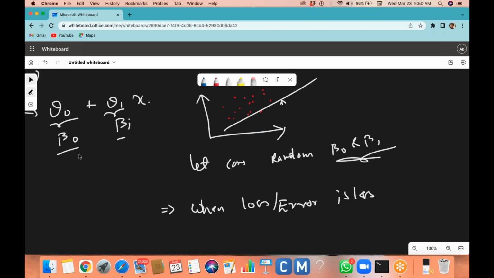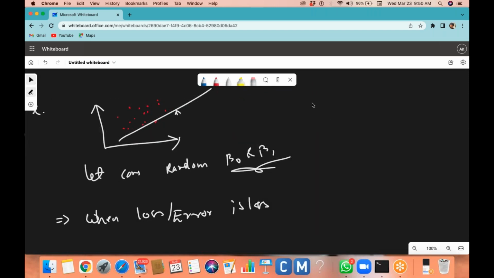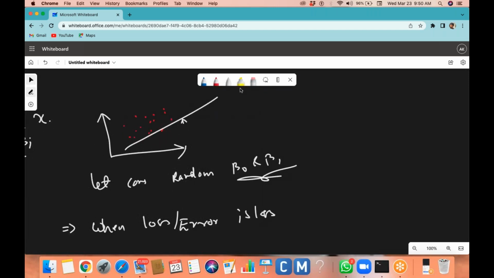Step number 1. How this works, I can tell you. Consider beta naught and beta 1 random values. Then find the regression line.